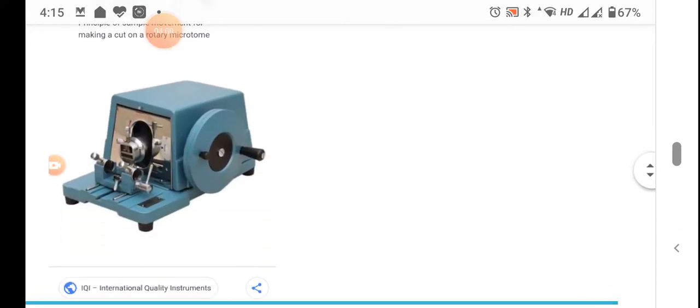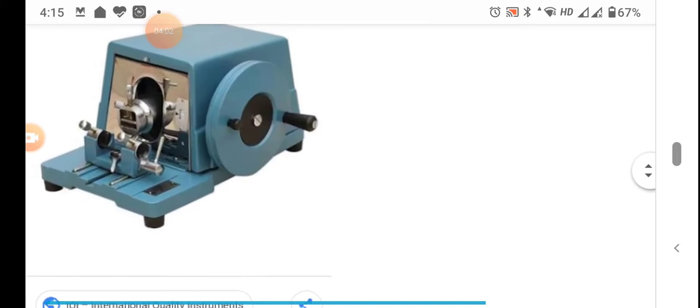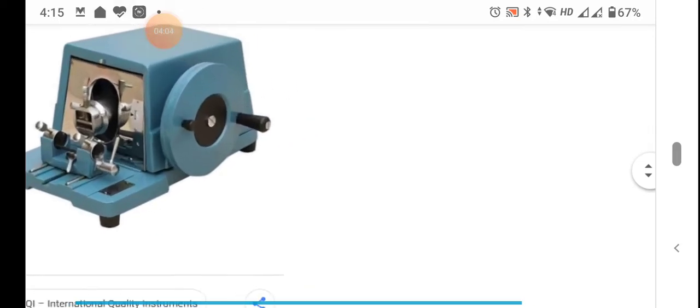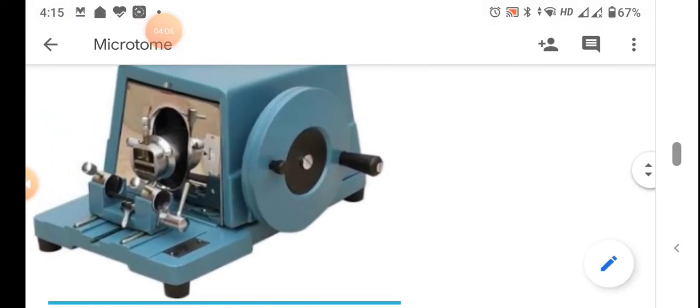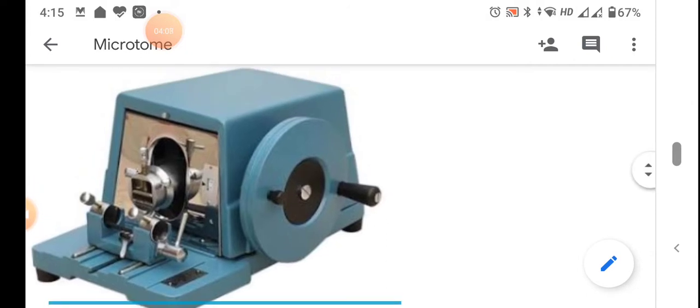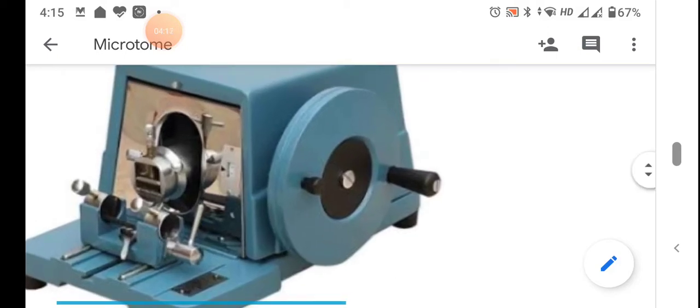So this is again a modern rotary microtome. The wheel can be seen, the handle also can be seen, the knurled button can be seen, then the object holder can be seen. Object holder, or we can also call it specimen holder or the block holder, is that cylinder like structure in the middle.